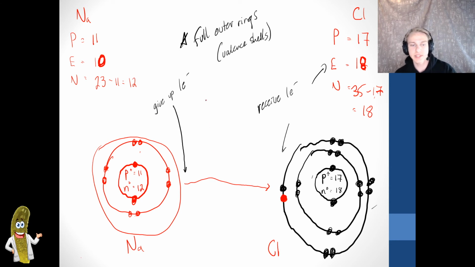Whenever something loses a negatively charged electron, it's like losing one negative charge. So this one has one more positively charged proton than it does negatively charged electrons, so it's going to have a charge of +1. Chlorine now has one more negatively charged electron than it does protons, so this will have a charge of -1, like this.